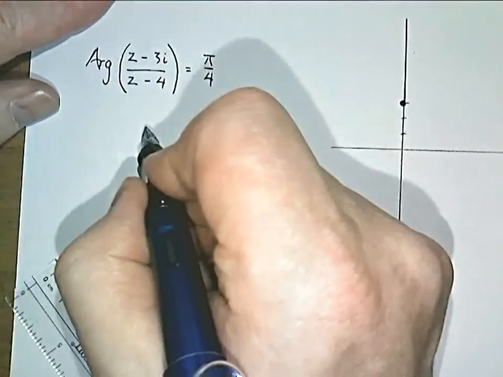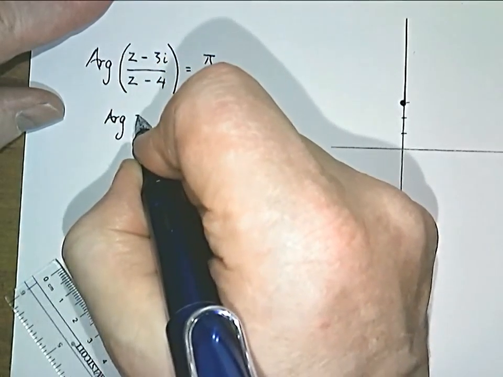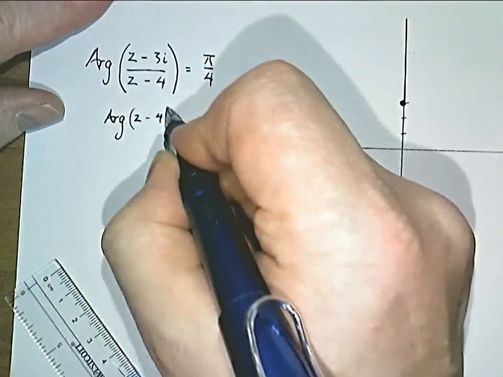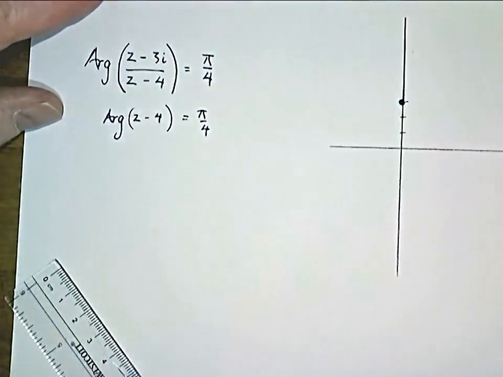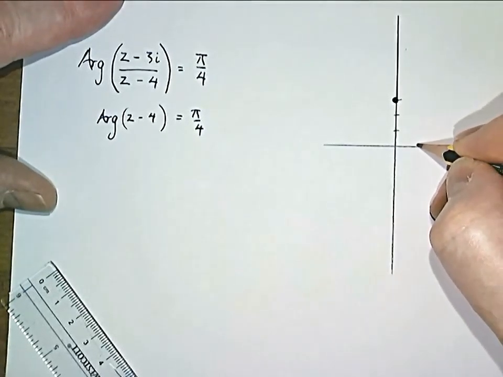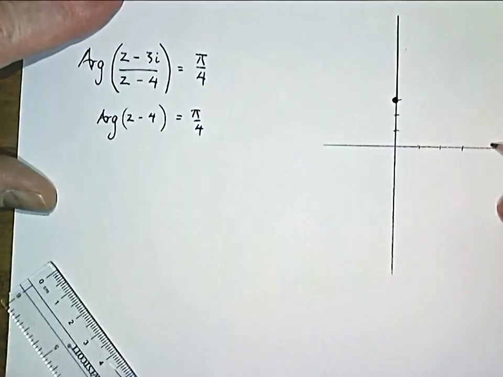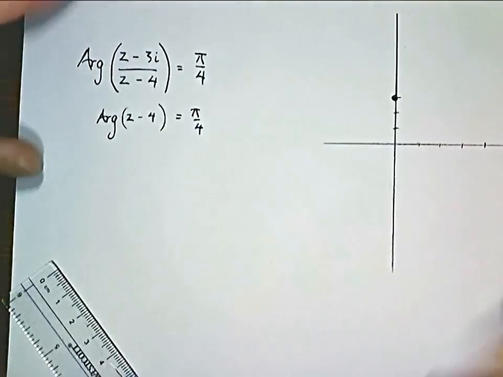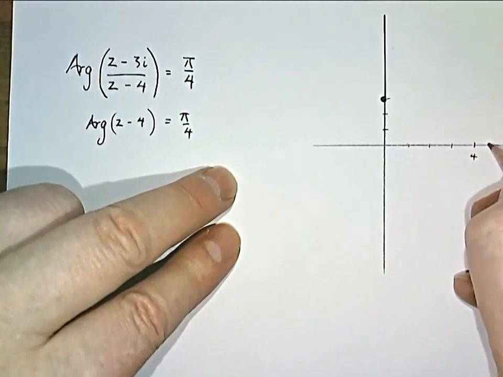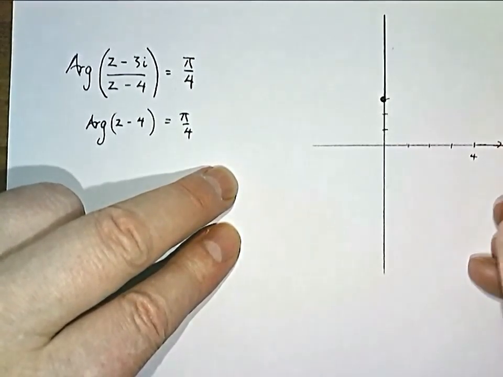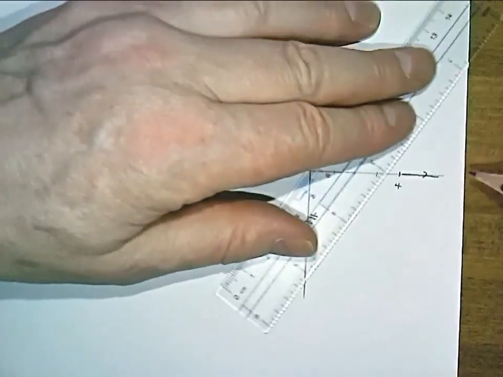I think it's pretty obvious with a couple of steps that arg of (z minus 4) is going to be pi over 4. You can work that one out for yourself. This time we're on the right hand side, 1, 2, 3, 4. And here's our initial line for the argument of z minus 4 going out in that direction, and we form a 45 degree angle.